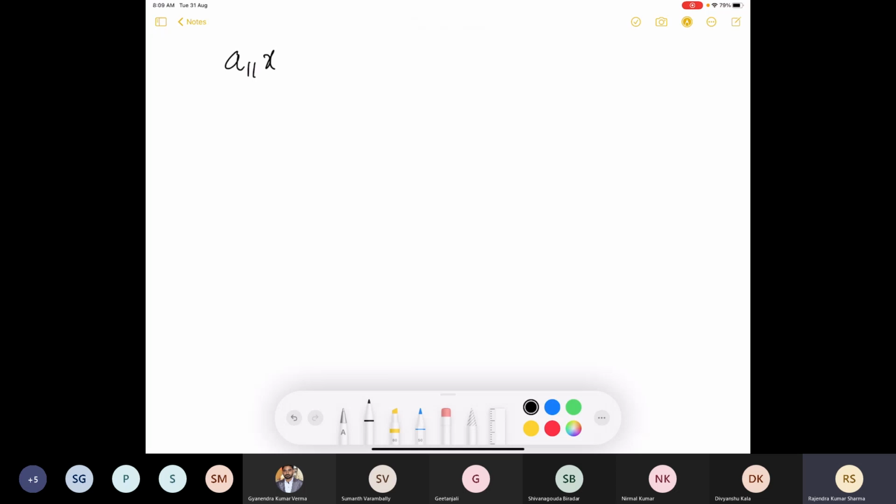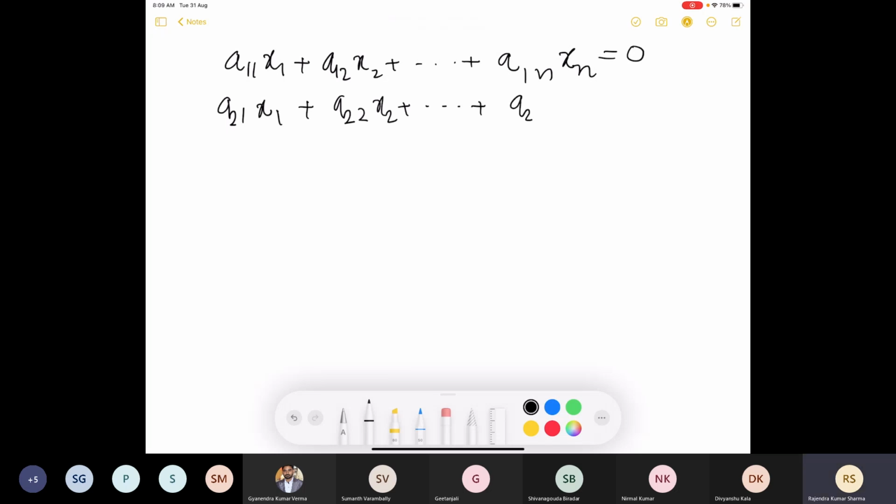Say a11 x1 plus a12 x2 plus up to a1n xn, and this is 0. Second equation, let us say a21 x1 plus a22 x2 plus up to a2n xn, and this is 0. And like this, there are m equations.